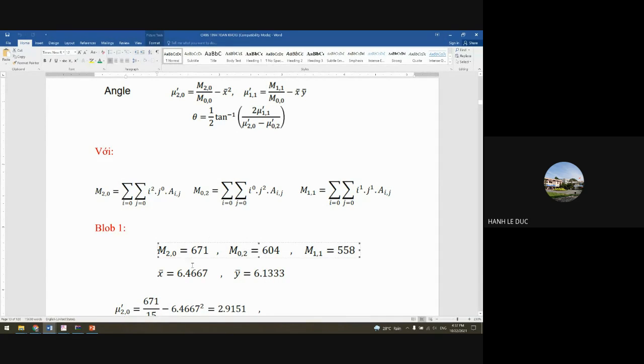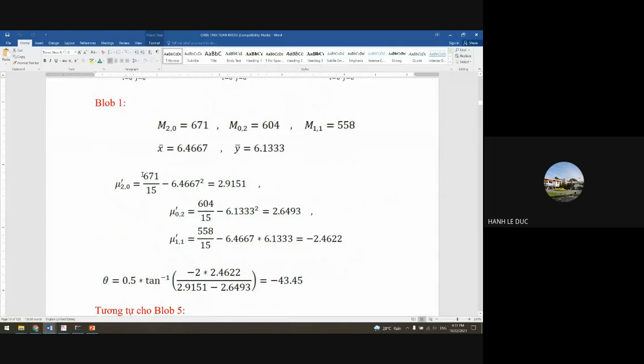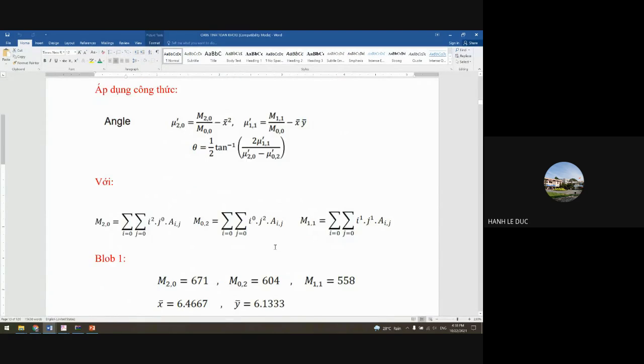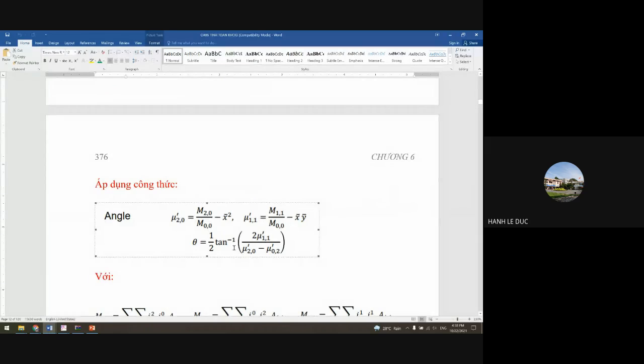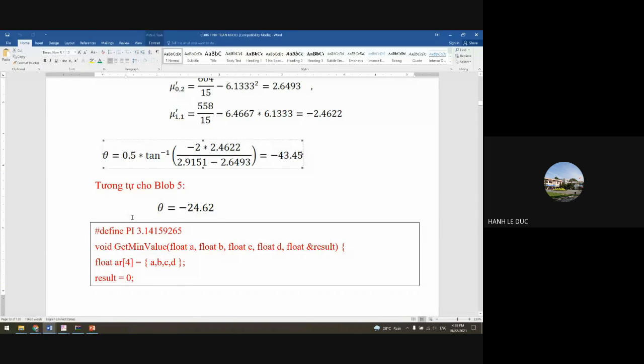Then you calculate u20, u11, u20, and replace these values into the equations here, and then you have the result here.